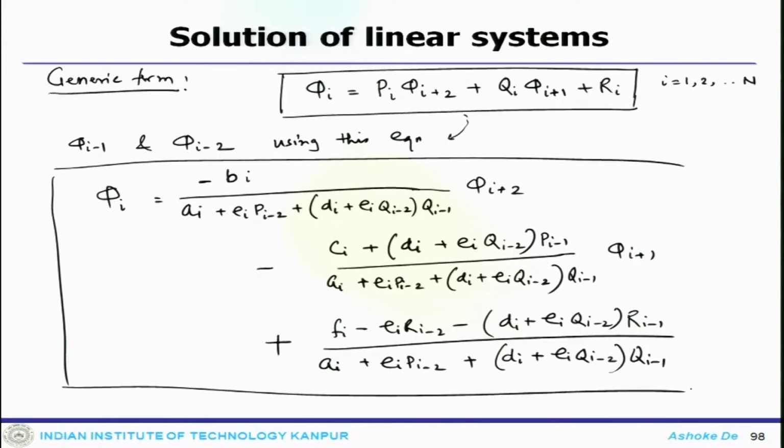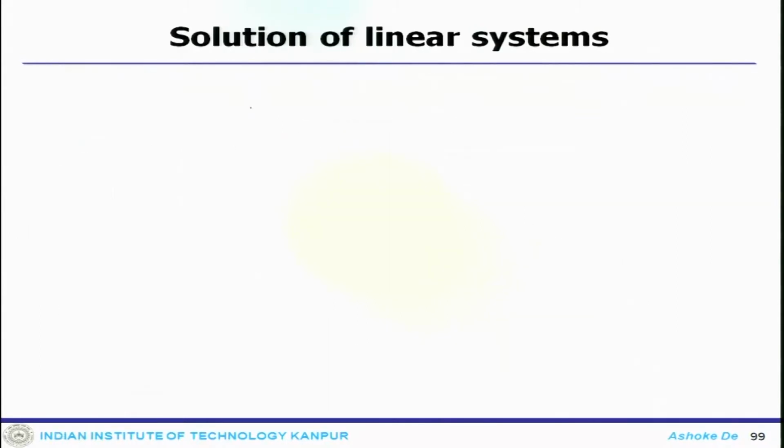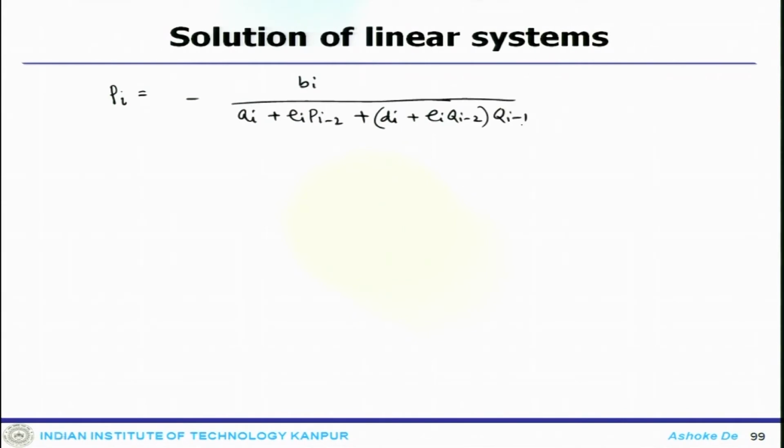Now, if you compare this with this equation, where this is one equation for phi i and here is the generic expression we have written, you get Pi equals minus Bi by Ai plus Ei Pi minus 2 plus Di plus Ei Qi minus 2 Qi minus 1.